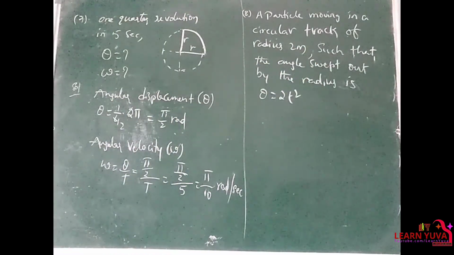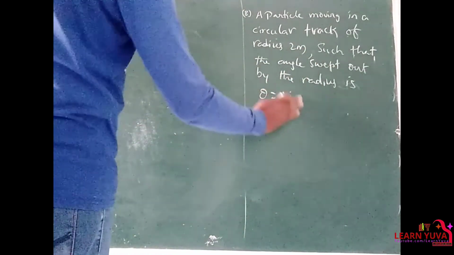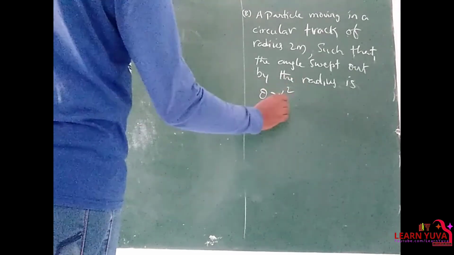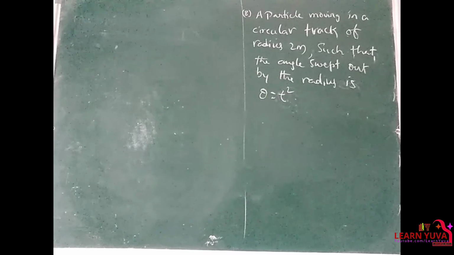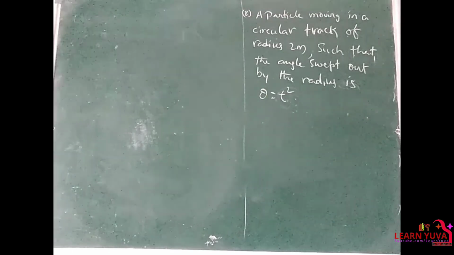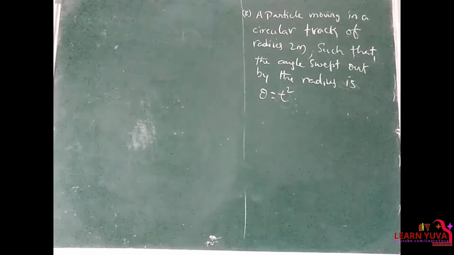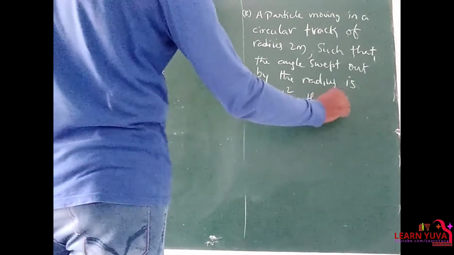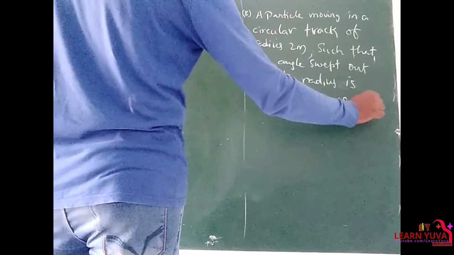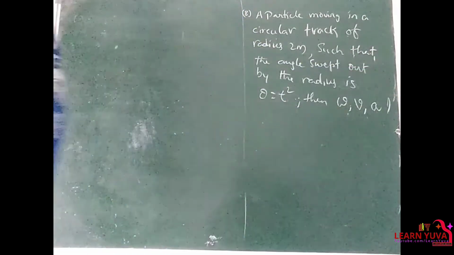That is the question. No, it is not 2t square, it is t square. So we have to find out angular velocity of the particle, speed of the particle and acceleration of the particle. Then omega, v and a we have to find out.